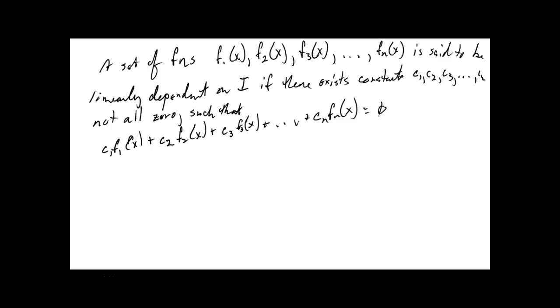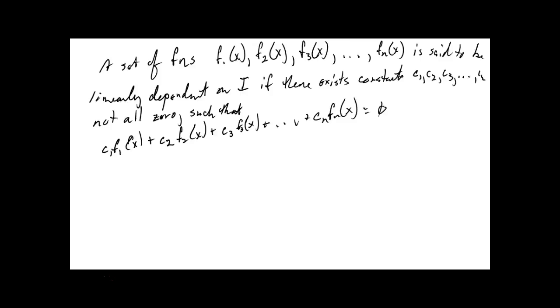Okay? Now certainly that would be true if all the C's were 0. So we exclude that. That's ridiculous. There's no reason. But if you can come up with any set of C's that when you multiply them by those functions, you wind up with 0 as a solution, you know, some linear combination of the functions with those constants. If you can find even one set of C's that's going to make that true, this is a linearly dependent system.